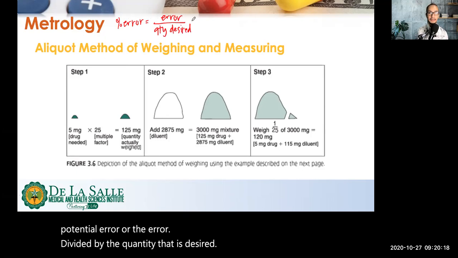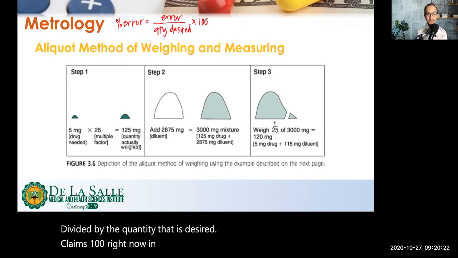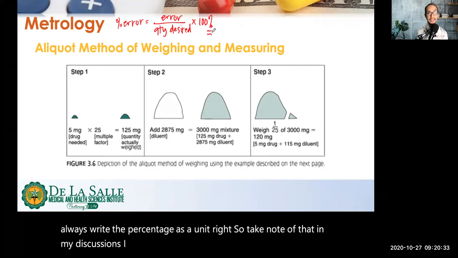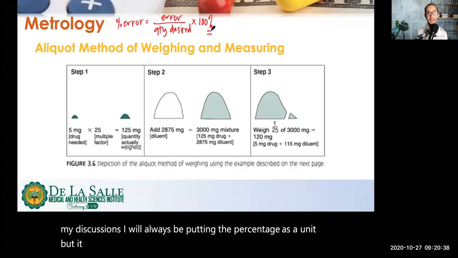times 100. Now, in my discussions, I will always write the percentage as a unit, so take note of that. I will always be putting the percentage as a unit, but it is never used in calculations.